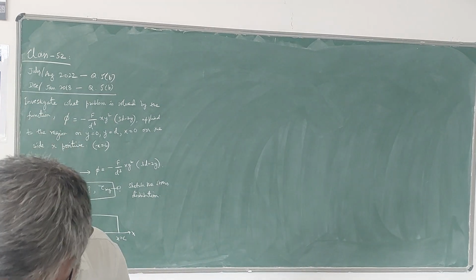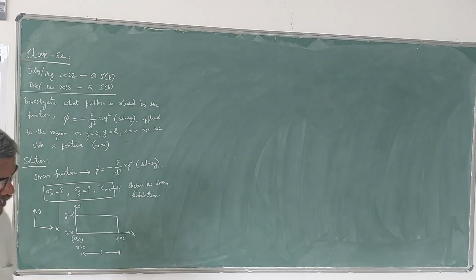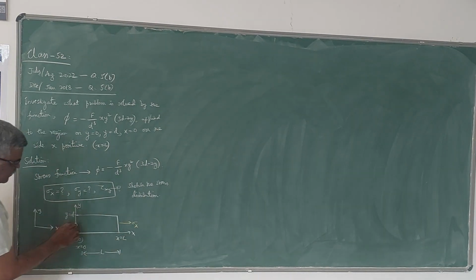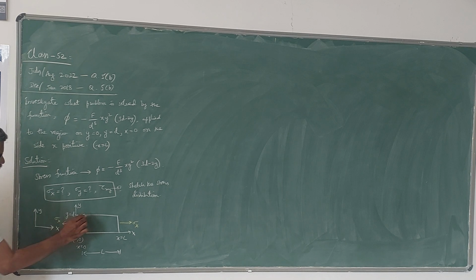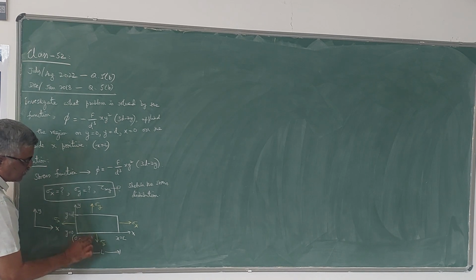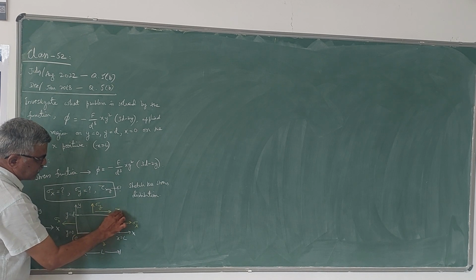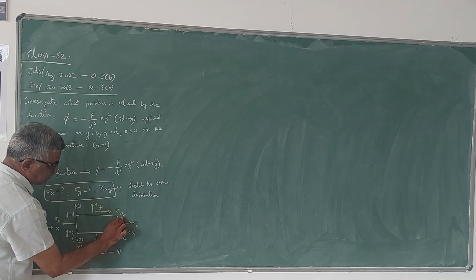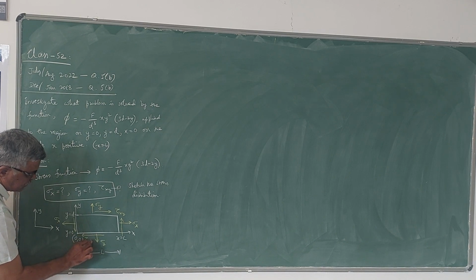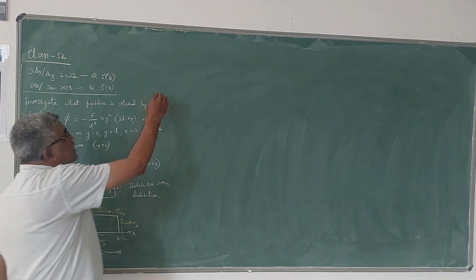We know the three types of stresses are sigma x, sigma y, and tau xy, something like this. Just I will show how they will act. It's a two-dimensional stress system.